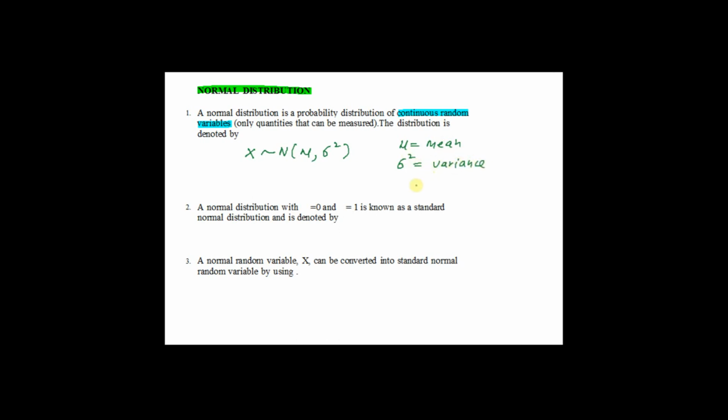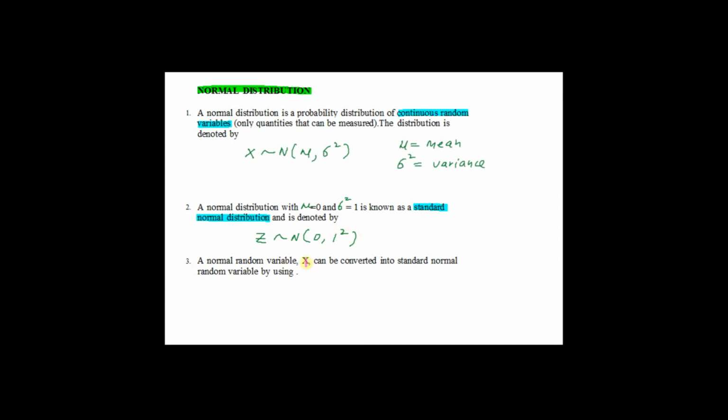A normal distribution with mean equal to 0 and variance equal to 1 is called a standard normal distribution. For the standard normal distribution, you have to use Z. This is normally distributed with mean 0 and variance 1.